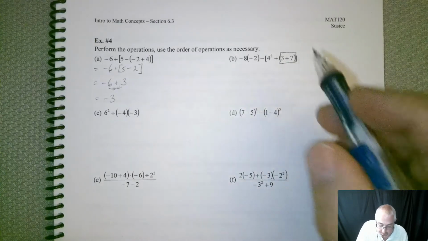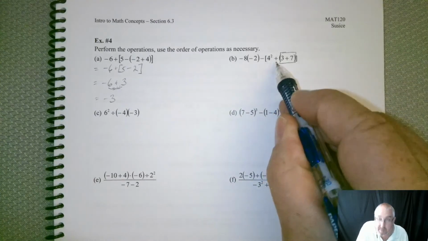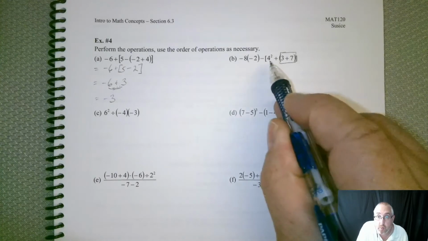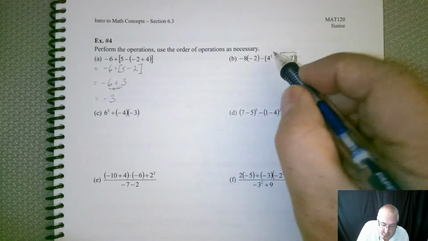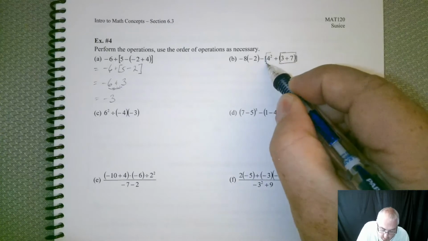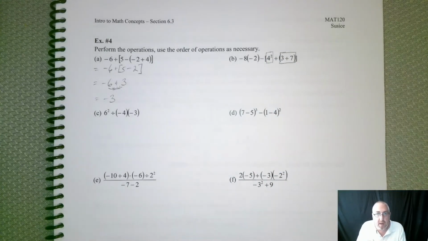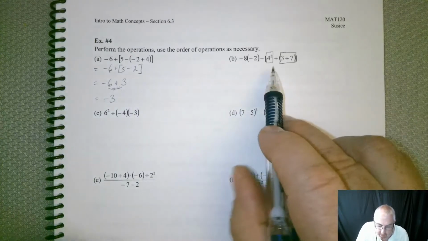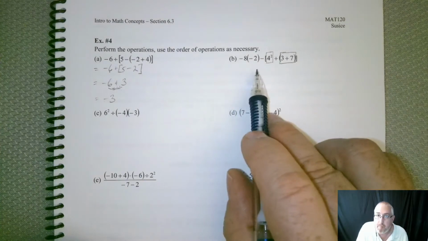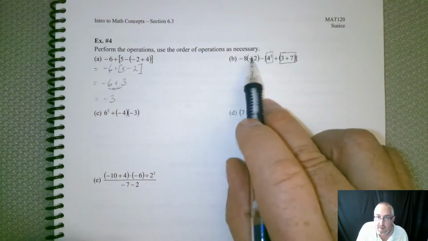Now, exponents come before addition, so we do want to take care of this 4 with this exponent of 2 as well. I like to put little boxes around it, because as long as those boxes don't interfere, you're good. All right. Now, what about outside the brackets? Can we do any of this stuff?